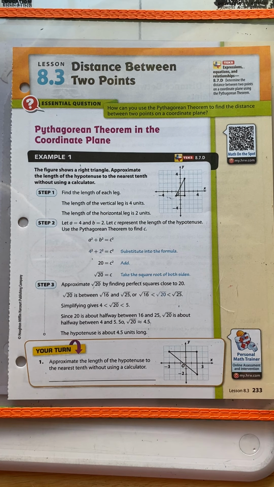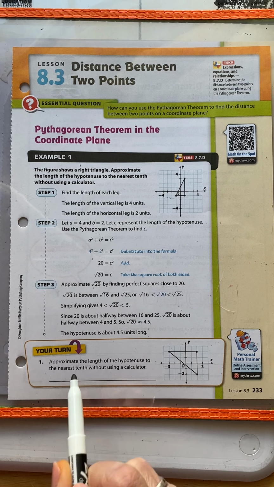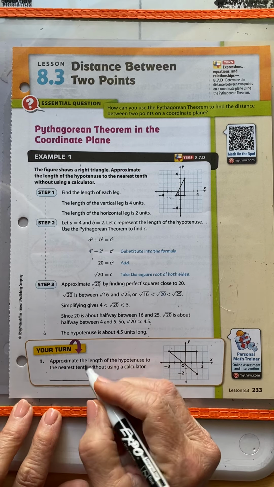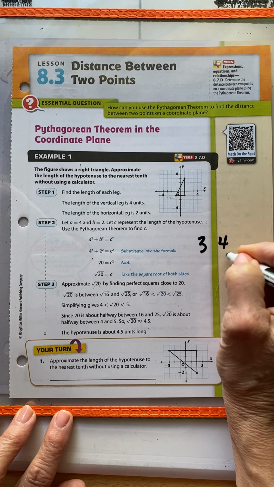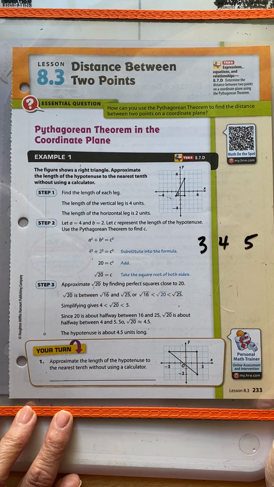Lesson 8-2 was the lesson where it just gave 3 values. We take the 2 smaller values, like if we had 3, 4, and 5, they'll say, does that make a right triangle?